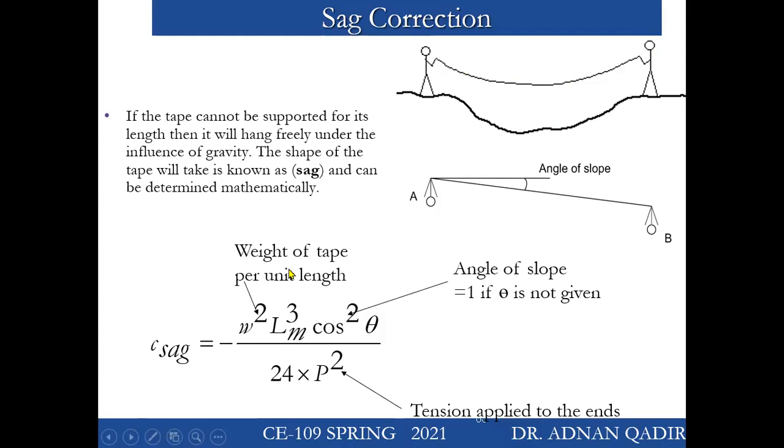W is the weight of tape per unit length. L is the length measurement. Theta is the angle. If the angle of slope is not given, it is 0. P is the tension applied to the end. 24 is the coefficient. So that comes to sag correction.